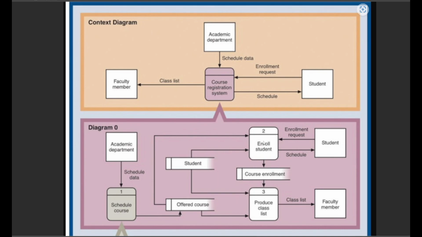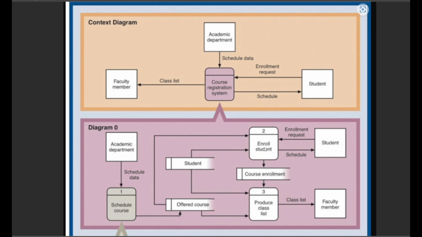In this diagram 0, we can also see that a process can have one or more inputs and one or more outputs. It means the process can have an uneven number of inputs and outputs, and that's okay as long as we follow the usage or illustration of each element of the data flow diagram.